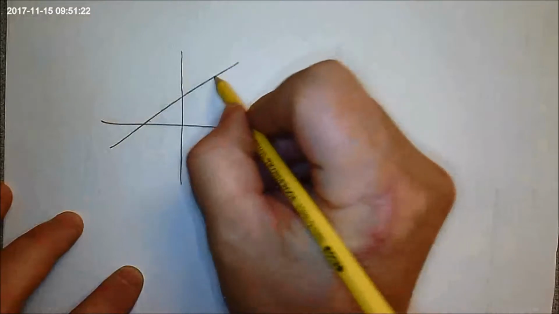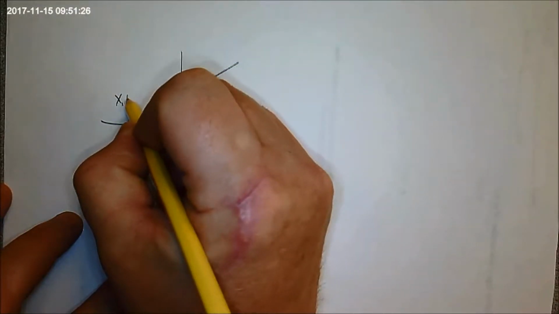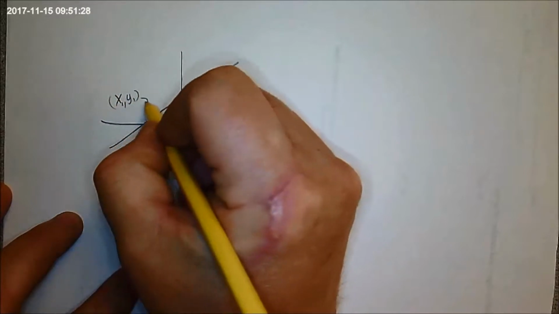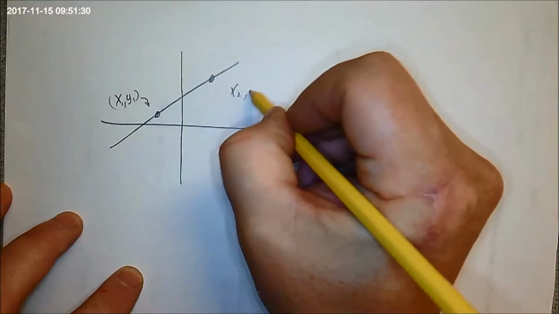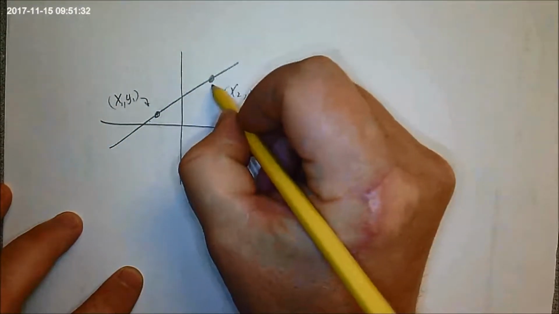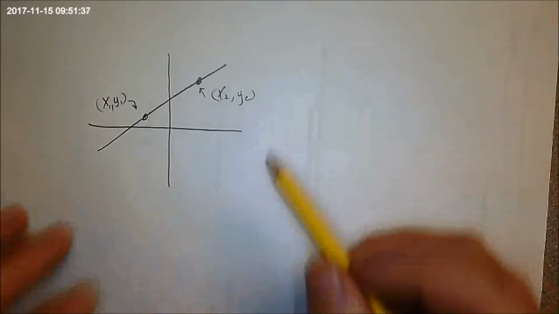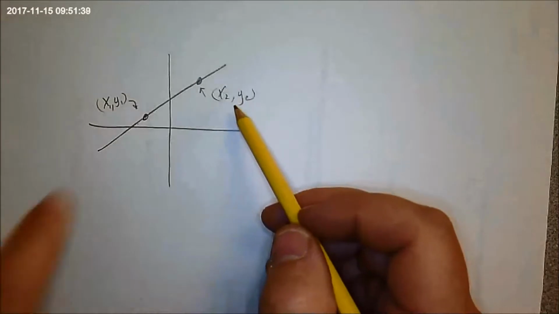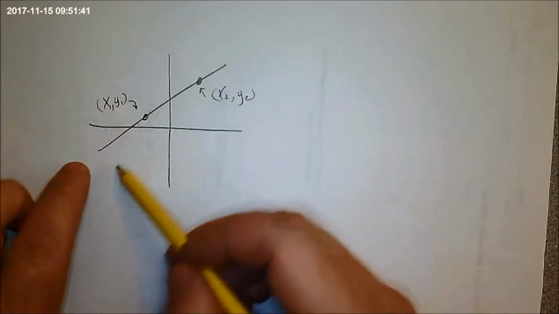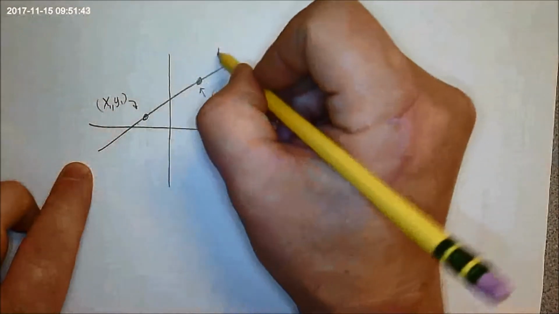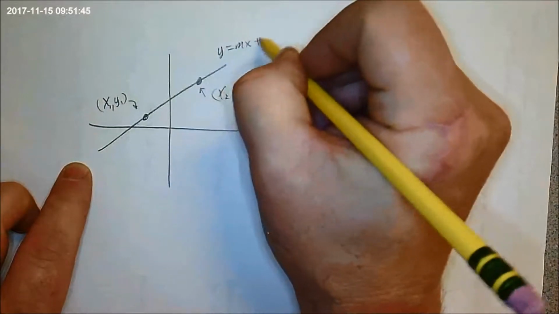Let's say we have some random line, okay? Then let's say that's x1 and y1 right here, okay? Let's say that's x2 and y2, right? So what we were doing on Monday is you were given these 2 points, and you're asked to find the equation of this line. This line is going to be y equals mx plus b, right?